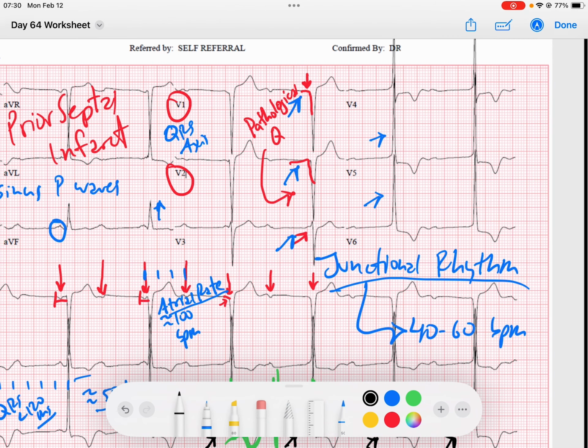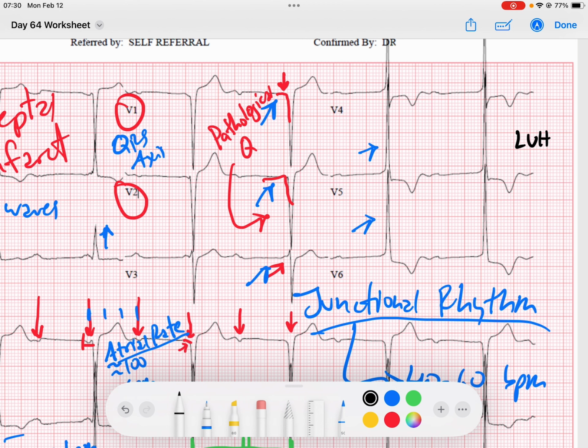To evaluate for left ventricular hypertrophy, I like to count the positive R wave in V5 and add it to the negative in V1. Here we start from there, 5, 10, 15, 20, roughly 25, 26 to the top of that QRS, and then we add these two.